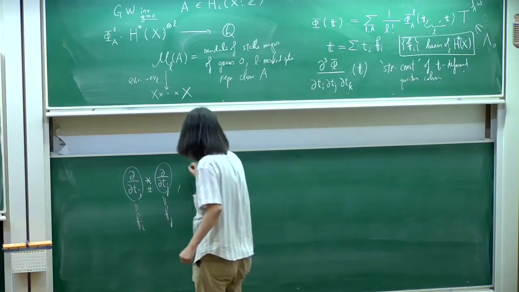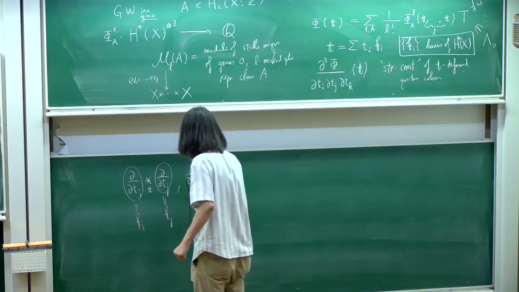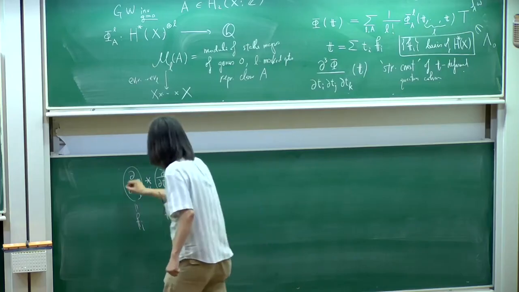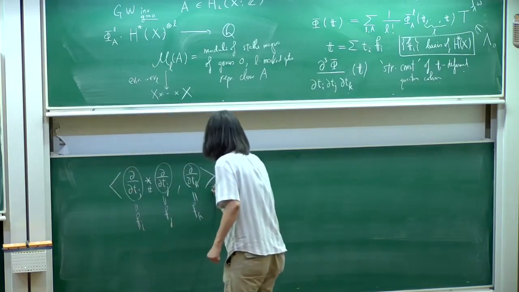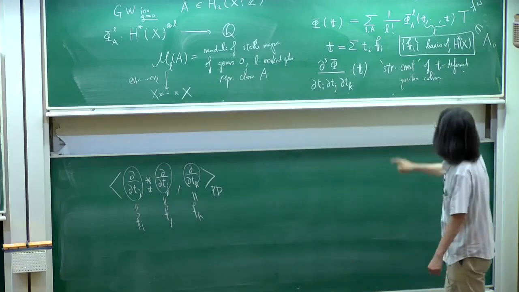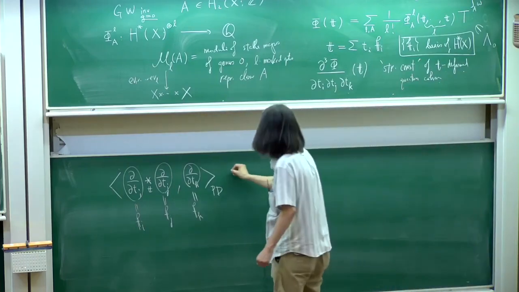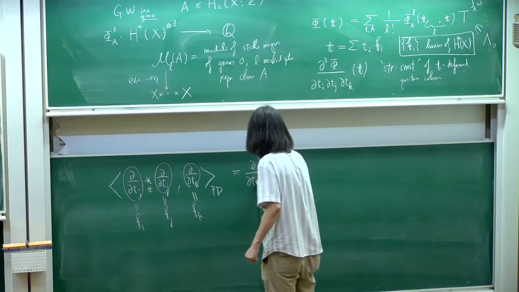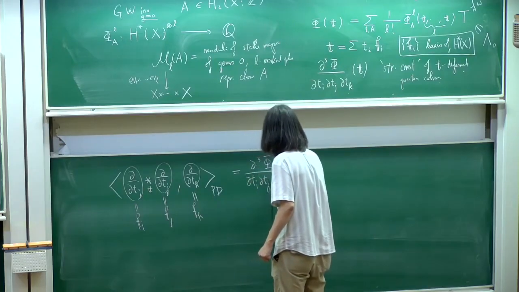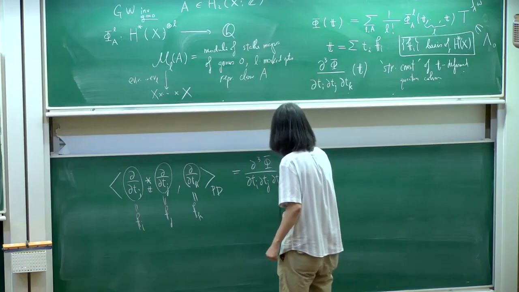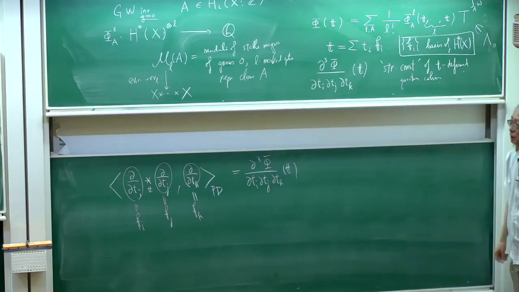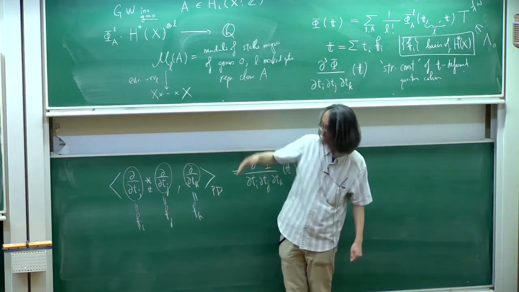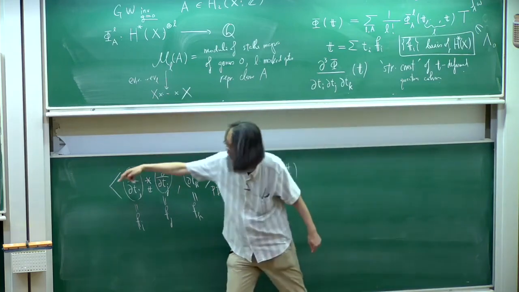And then you consider d/dt_k, and this is f_k, and then you take this Poincare duality pairing. Poincare duality pairing in the ordinary cohomology sense is non-degenerate, right?